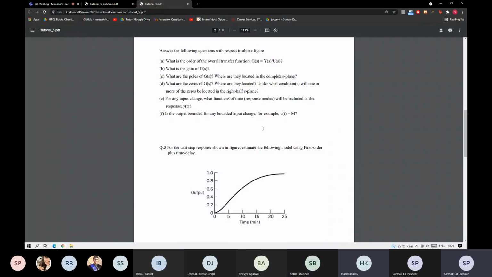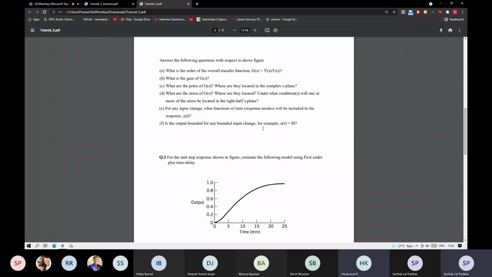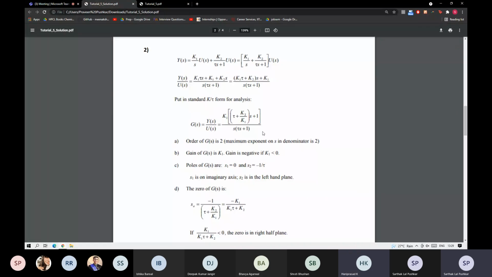Yes, sir. So essentially, if you have a transfer function, there is no harm in getting the gain out of it: substitute s equal to 0. And if it is an input and output, you would calculate the rate of change of output by rate of change of input.